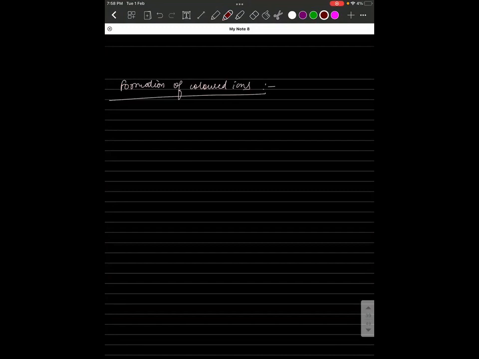Now most of the transition elements, TM I'm writing, they correspond, most of the transition metal compounds are colored both in solid state and in solution. Okay, this is the first point.